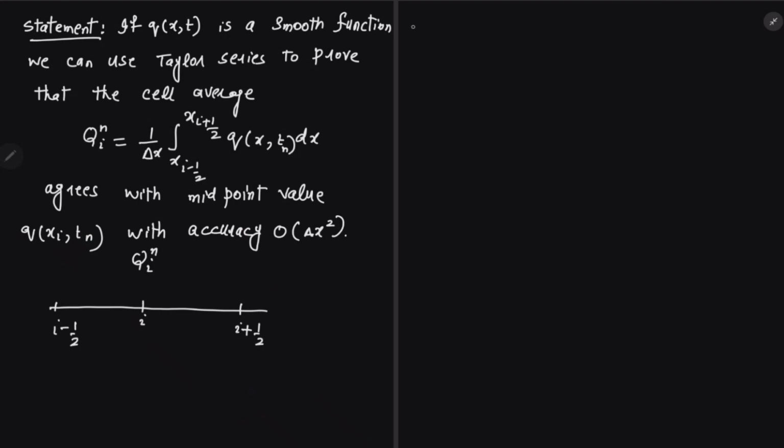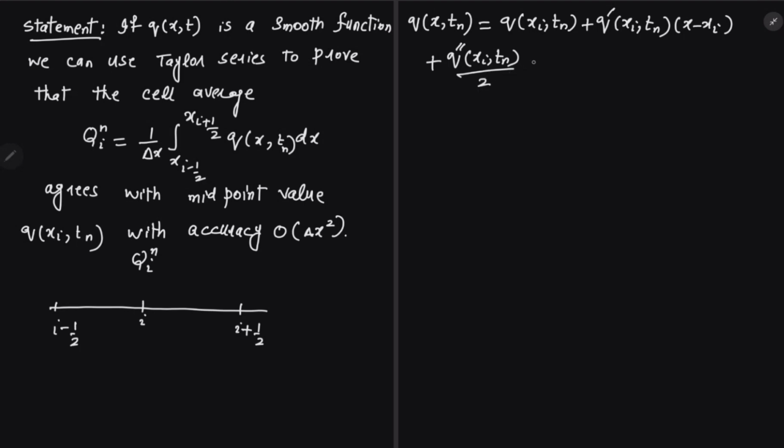So we apply Taylor series. q(x, t_n) is equal to q(x_i, t_n) plus q dash (x_i, t_n) times (x minus x_i), and remember that we are talking about the nth level, plus q double dash (x_i, t_n) divided by 2, times (x minus x_i) whole square, plus order of (x minus x_i) cube.